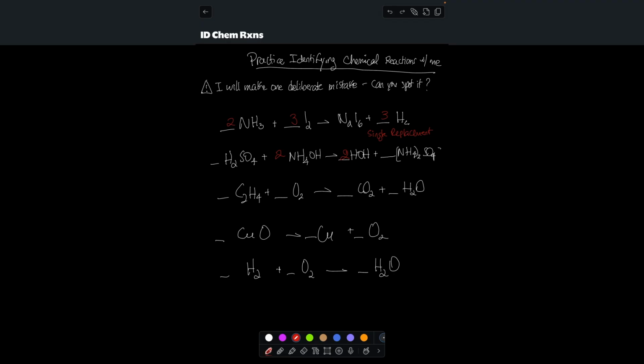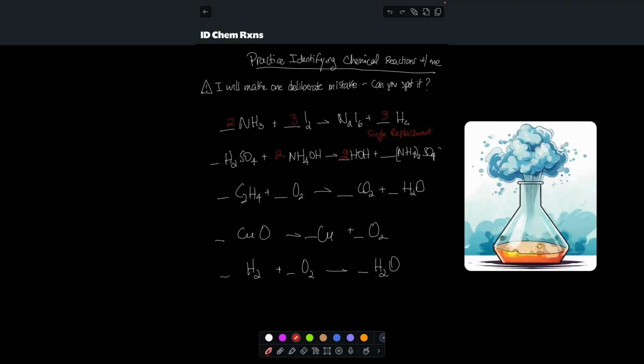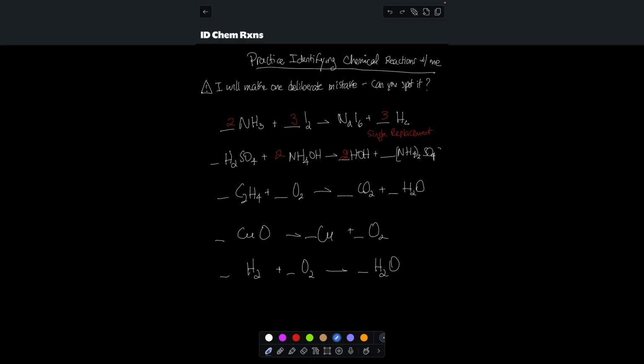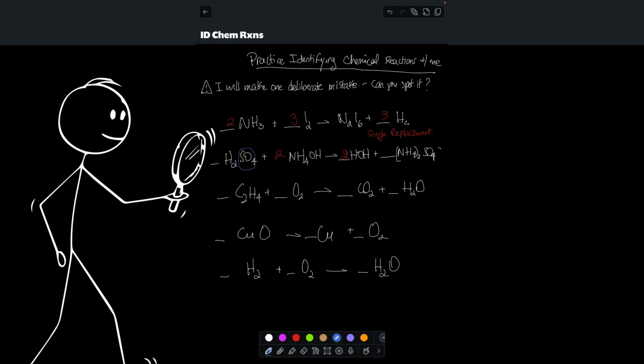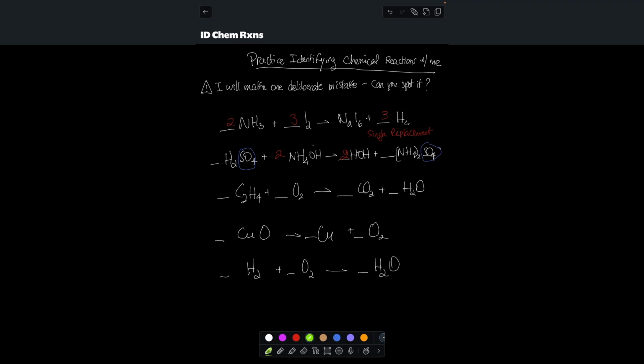So let's see what type of chemical reaction we have here. We can see that on the left side, hydrogen is with sulfate. So if I do sulfate this way and I have the OH this way, we can see that they have now swapped partners, right?